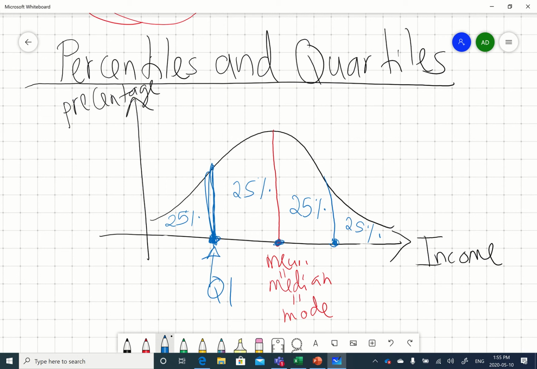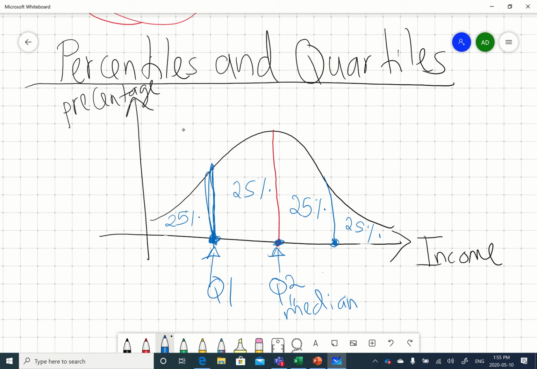This point, the mean, the median, mode, they're all the same for a symmetrical distribution, but not necessarily for any other shape. This point is actually Q2, second quartile, or the median, because median divides your data set into halves, right?